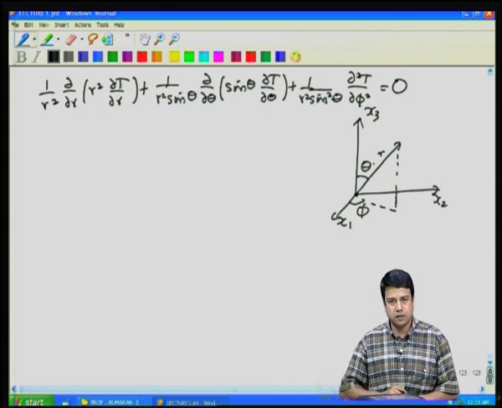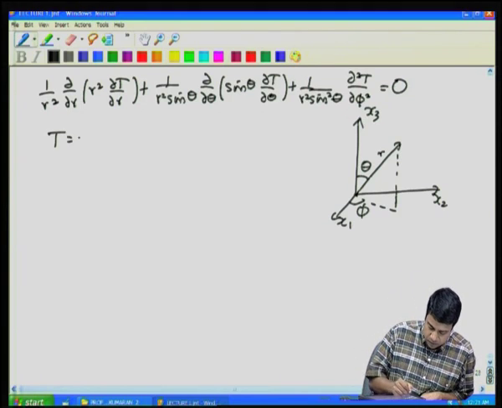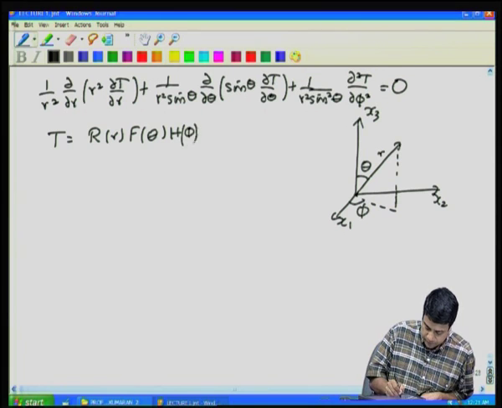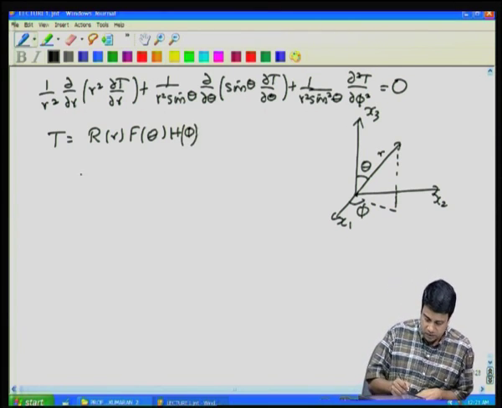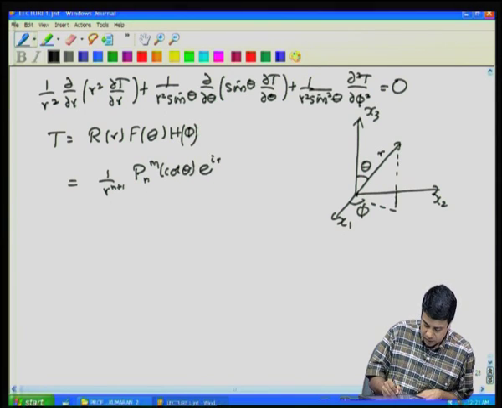In the r theta phi coordinate system, we had solved this equation once again by separation of variables, by separating out T is equal to R of r, F of theta times H of phi, and we had got the solution as 1 by r power n plus 1 P n m of cos theta e power i m phi.